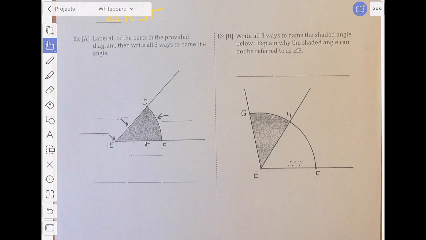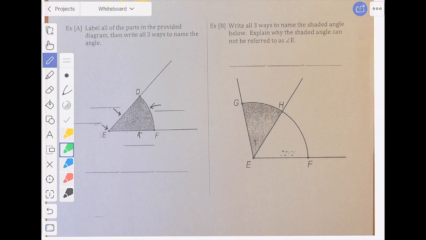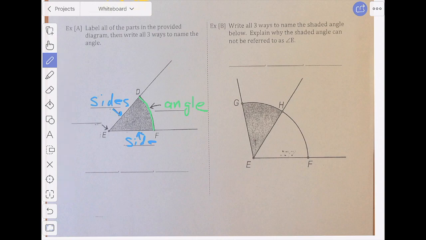So this opening right here that this is pointing to is the angle itself. It's the amount of opening that's there. These arrowheads here in blue are pointing at the sides of the angle. So those are the sides of the angle. Point E is called the vertex, or the mouth of the angle.